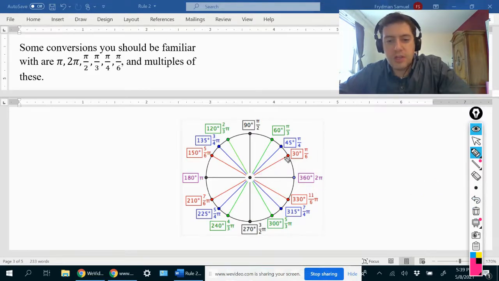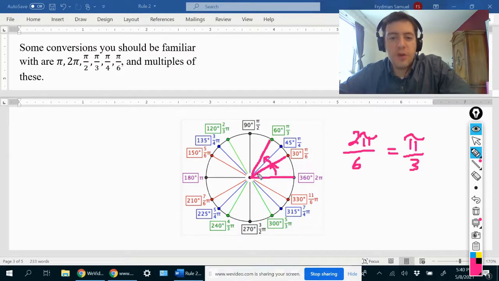And here we're just going to do the same thing that we've done. If we keep adding pi over 6, pi over 6 plus another pi over 6 would be 2 pi over 6. But 2/6 is the same as 1/3. So 2 pi over 6 is the same thing as pi over 3. And we already said that pi over 3 was 60 degrees. And again, we can see it's all consistent because 30 plus another 30 also gets me to 60 degrees, right?